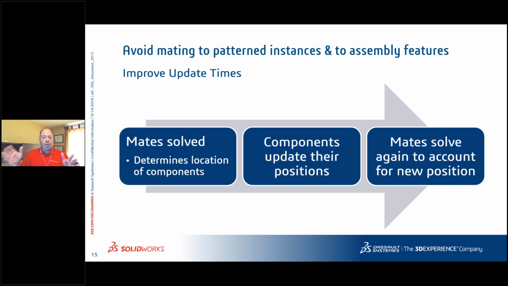So you see here, there's an order, and it can't really solve the position of the bolt before it solves the position of the plates, where the hole is and where the bolt is in the hole. So it just creates an order dependency that will make solving those constraints longer. So you want to avoid that as much as possible.